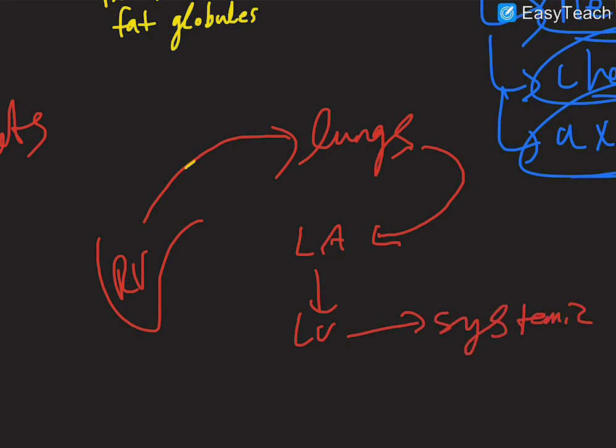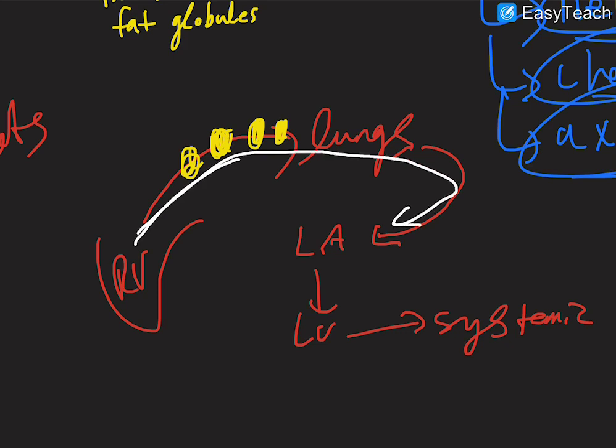Now, if you have fat globules, right, blocking off your pulmonary capillaries like this, then you're going to have less blood that's able to make it through your pulmonary vasculature, which means less blood, right, will be able to get oxygenated.